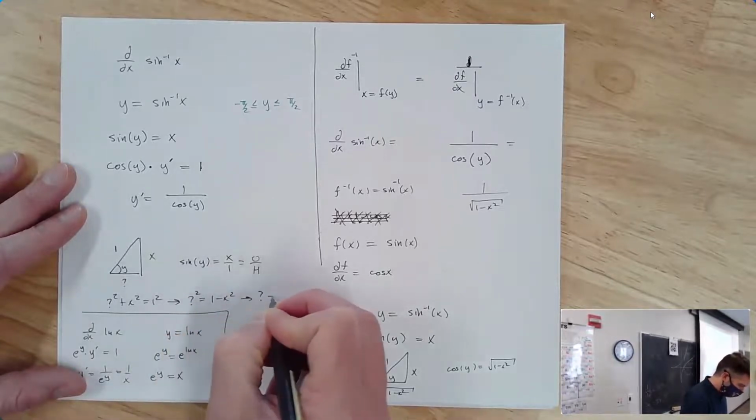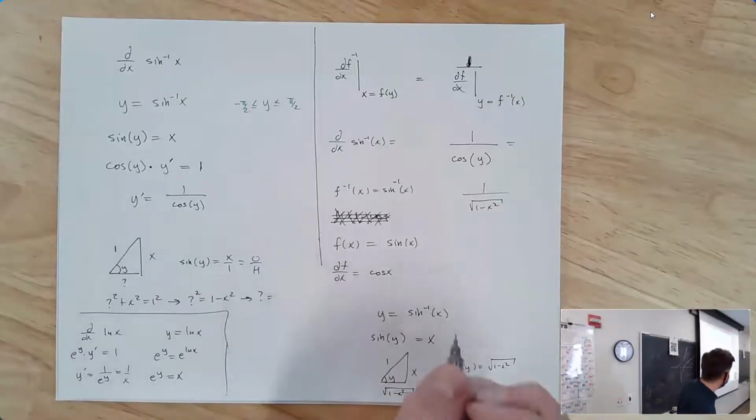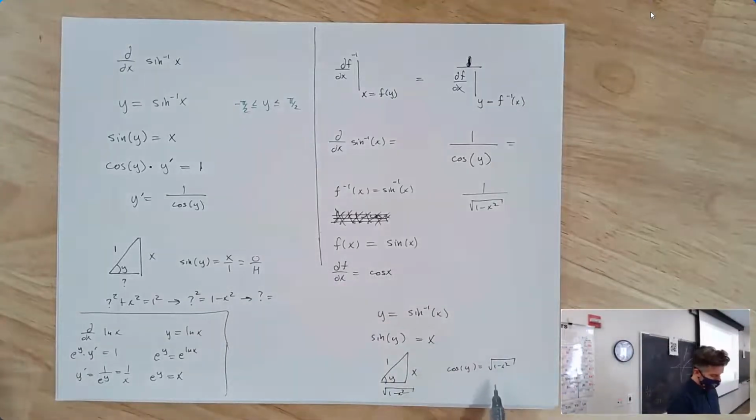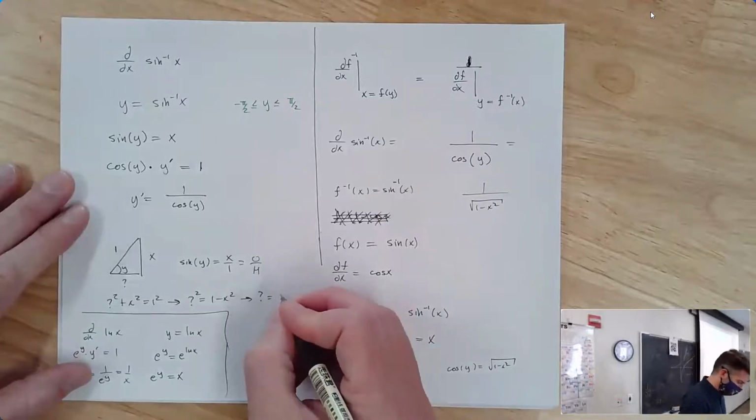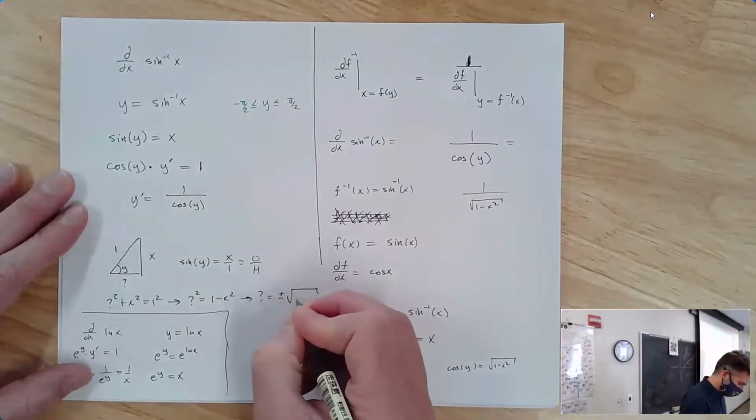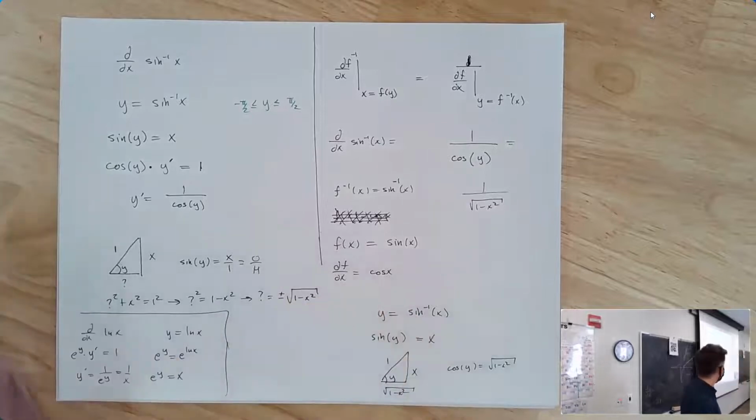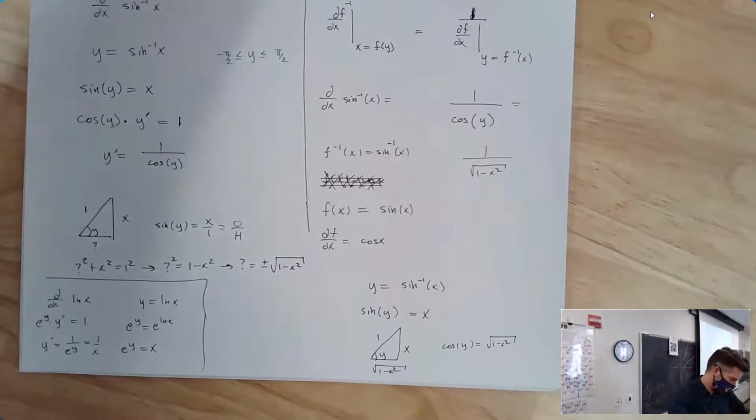So question mark is the, actually, I kind of obfuscated a little bit there. It's really plus or minus the square root. Okay, here's where it's really, really important to remember.